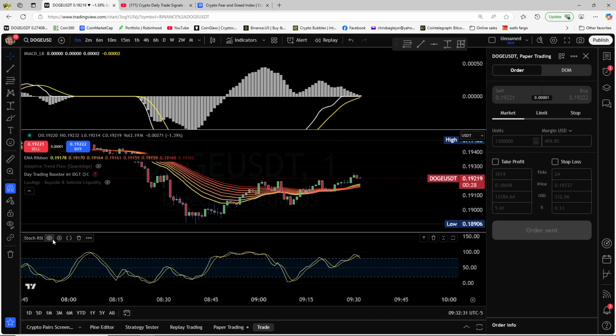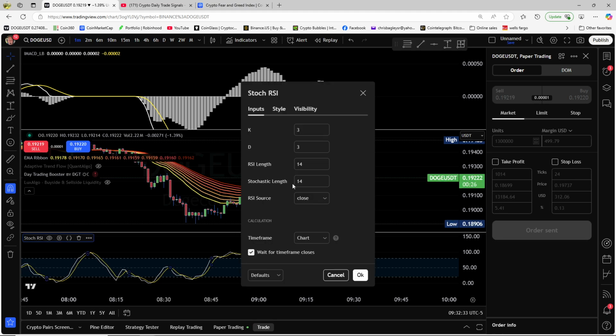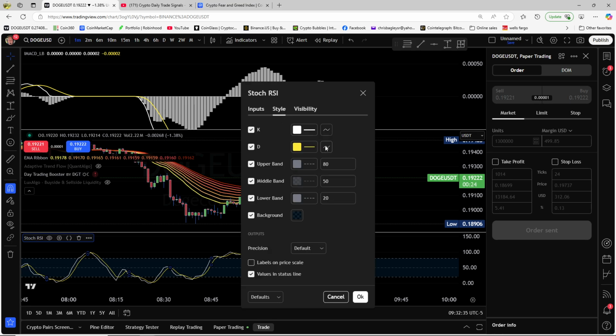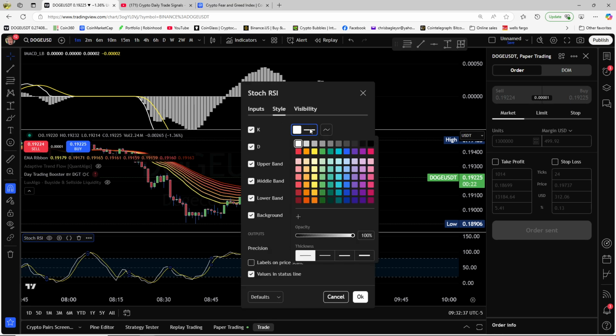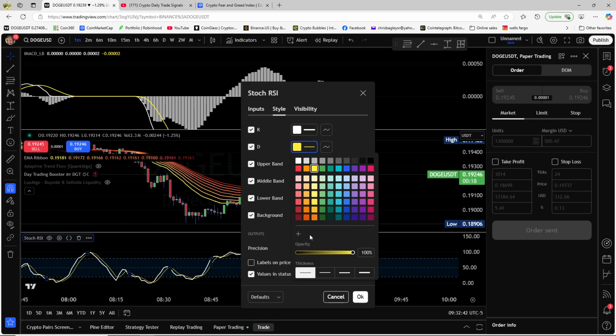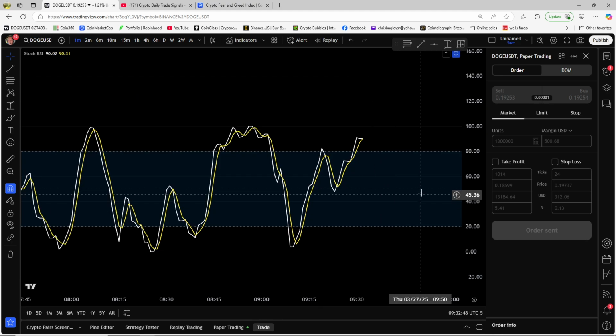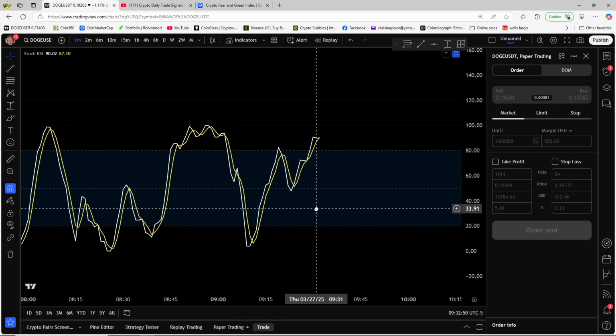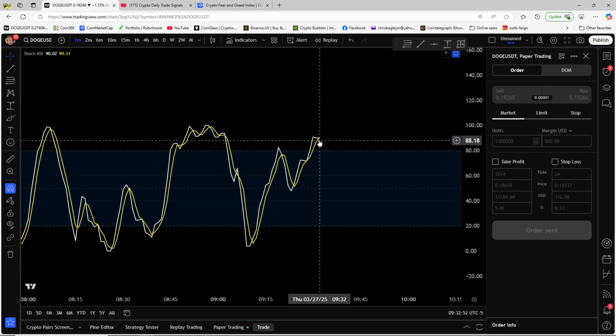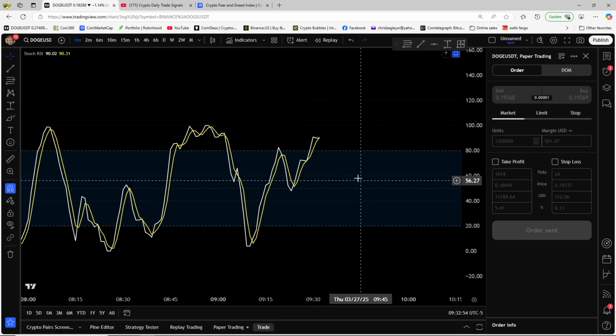The RSI settings, style. Make those lines a little thicker. There we go. Now when I bring it up, it looks a little better. So that white line's trying to cross down below.